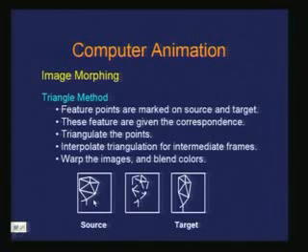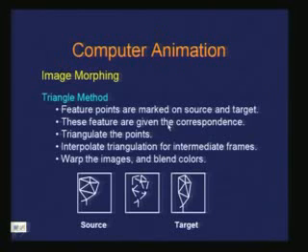That means you start from the source and reach the target, preserving what the target is, and in between you have some sort of a blend between source and target. In order to have a realistic transition, it is necessary that there is some sort of feature identification which the animator provides as the corresponding features between the source and the target, so that you preserve those features during transition.